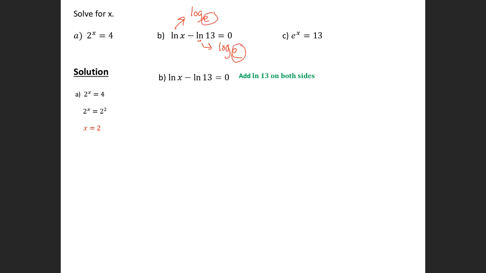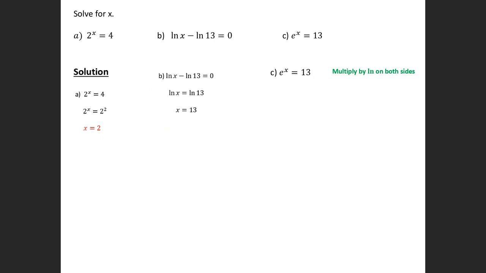So if they have the same base, then we're going to be able to use the one-to-one property. However, they have to be on opposite sides of the equal sign. So the first thing I'm going to do is add natural log of 13 on both sides. And so I have natural log of x is equal to natural log of 13. Since this base is e and this base is e, the one-to-one property allows me to say that x is going to be equal to 13.